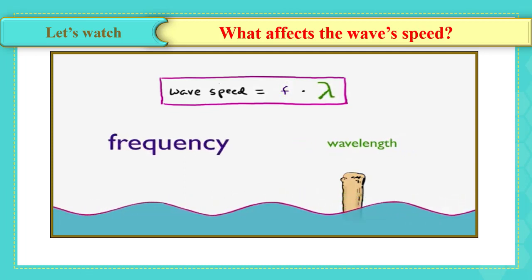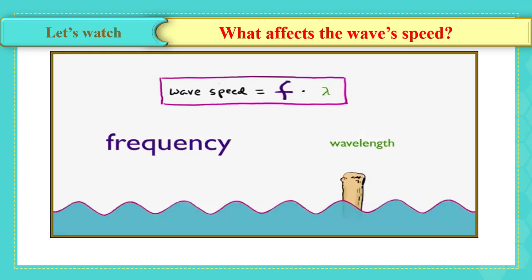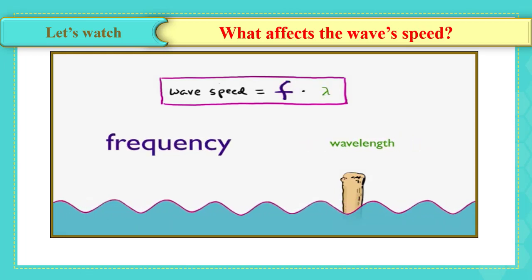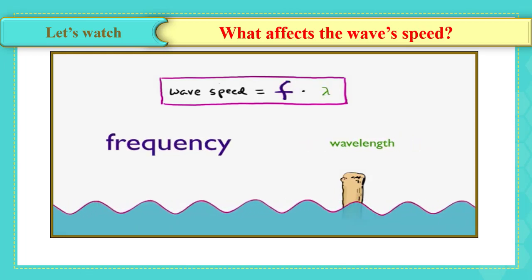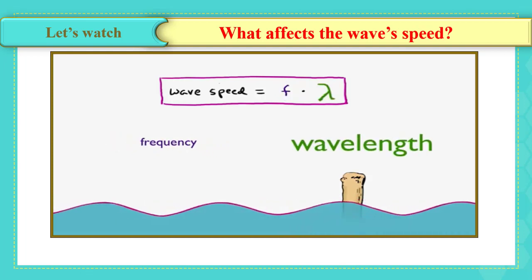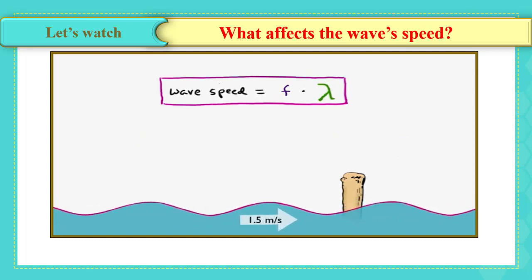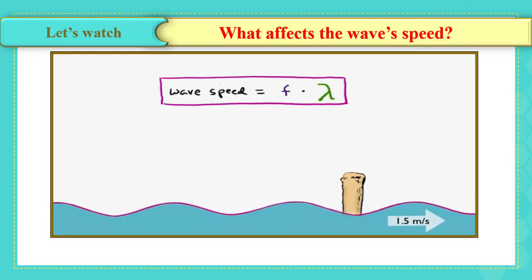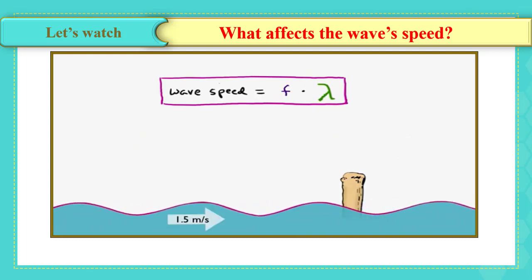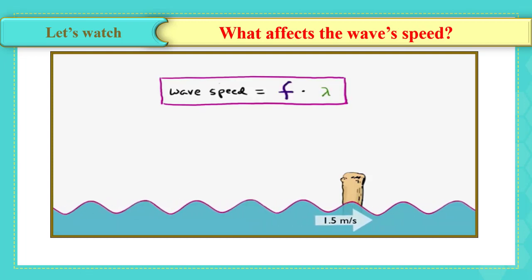Frequency and wavelength are inversely proportional to each other. You can't make one bigger without the other getting smaller. But notice that the product of the two remains the same. That is, the wave speed remains constant no matter what the frequency or wavelength.